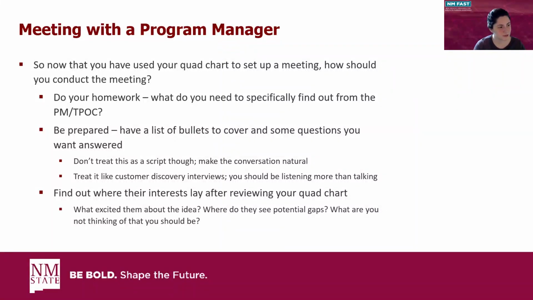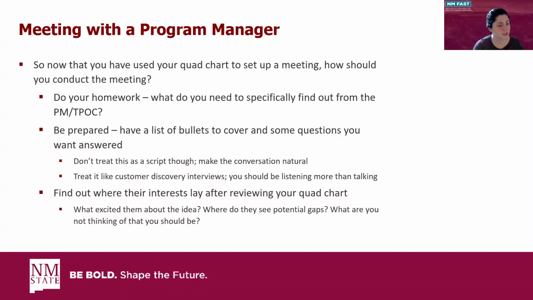Be prepared, like we've mentioned before. Have a list of bullets and questions that you want answered. Really be the guide of that conversation. You ask those questions, but you sit back and you hear from those program managers and technical points of contact on what they're looking for and what they're looking to fund. Then use these meetings to really find out where their interests lie, especially after reviewing your quad chart.